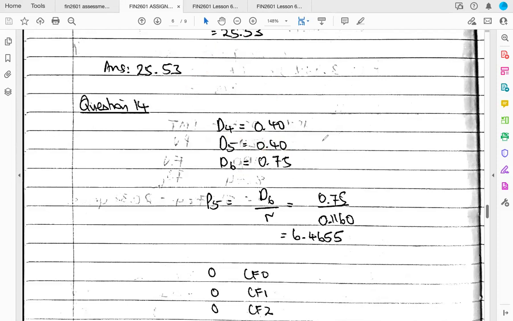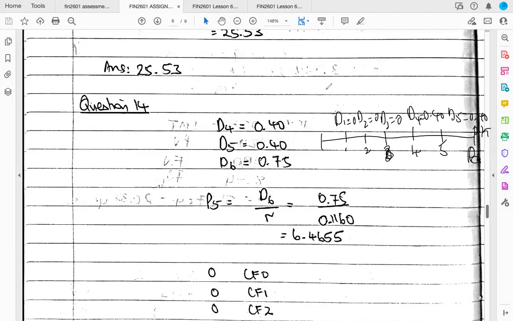And remember, when we drew the timeline before, we said D1 is 0, D2 is 0, D3 is 0, D4 is 0.4, D5 is 0.4, and we said D6 is 0.75.